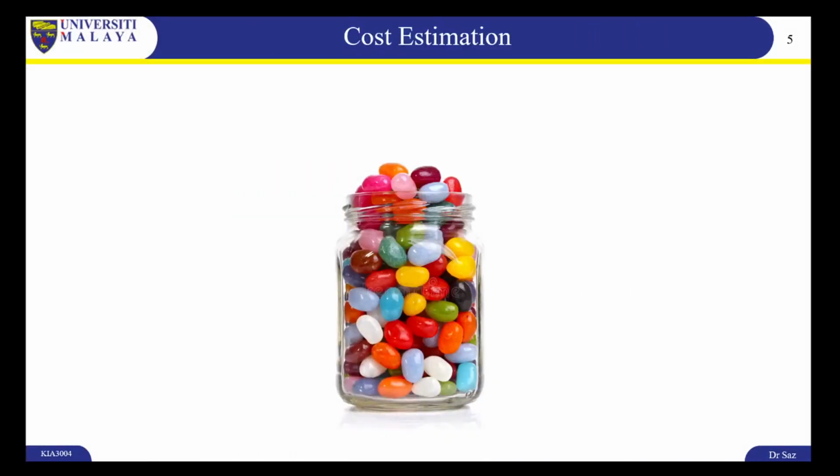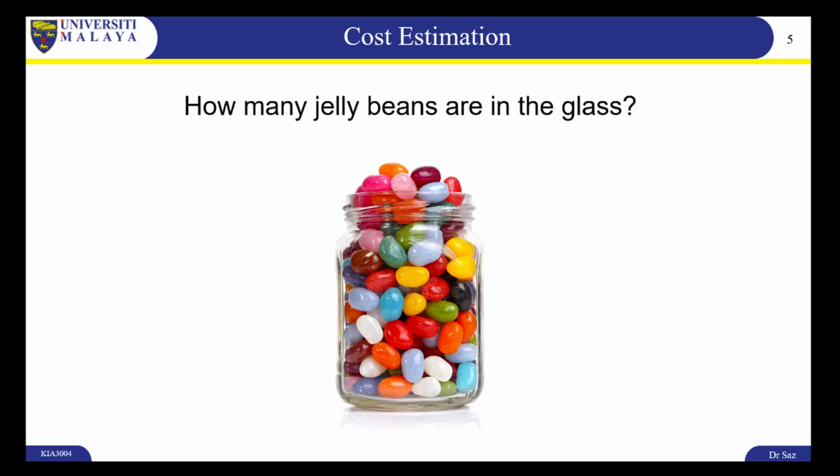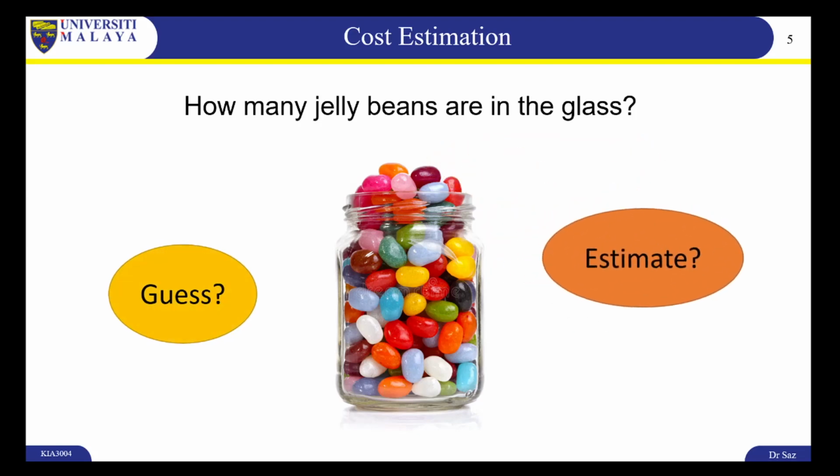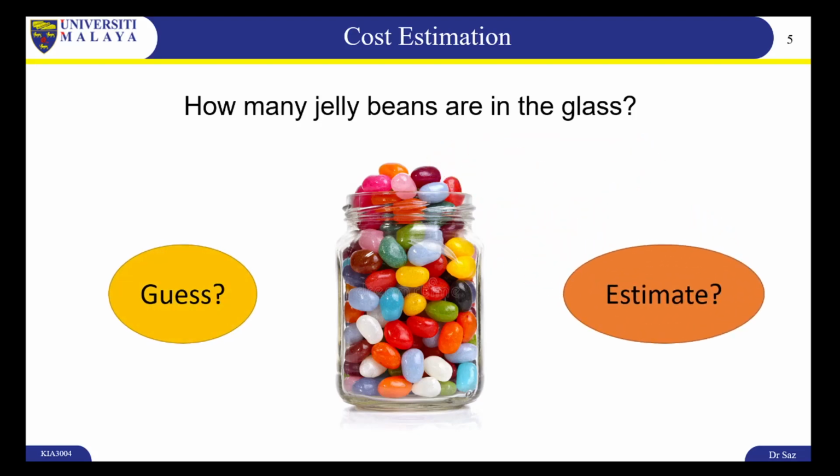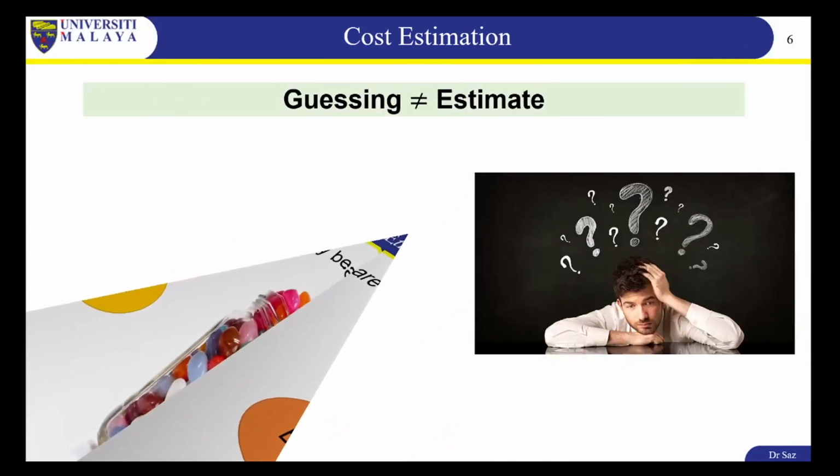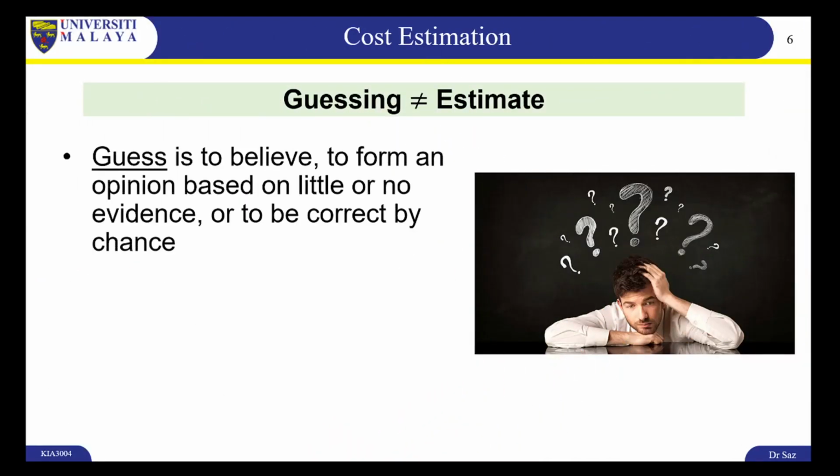This is a jar of jelly beans. How many jelly beans are in the jar? We can either guess or we can estimate. So what's the difference between guessing and estimating? They're quite different.